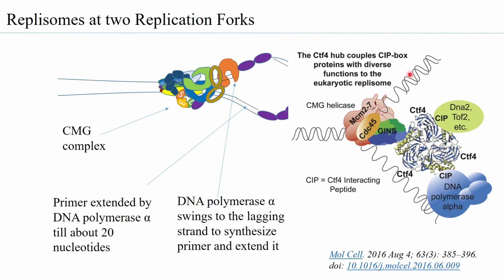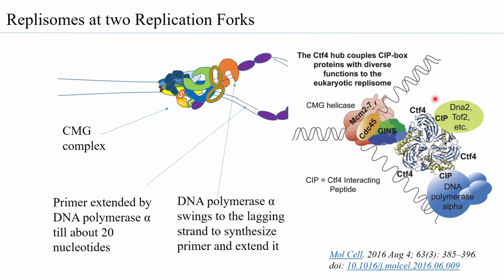Here you already have the DNA polymerase alpha having synthesized the primer template junction, and now it has been swung to the lagging strand to synthesize the primer template junction. This is possible because of the GINS binding to the CTF4. So the GINS is part of the CMG complex, but the CTF4 is able to maneuver the displacement of DNA pol alpha from one strand to the other strand, because this becomes the connecting link.